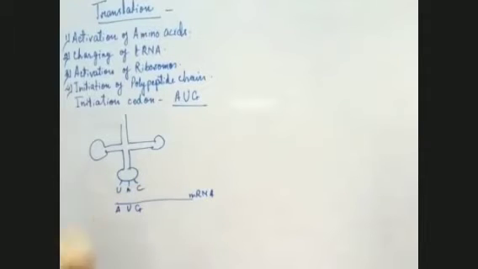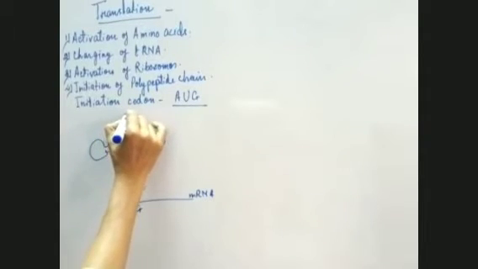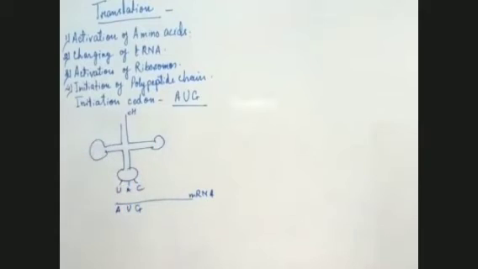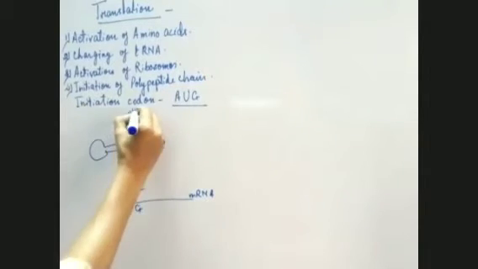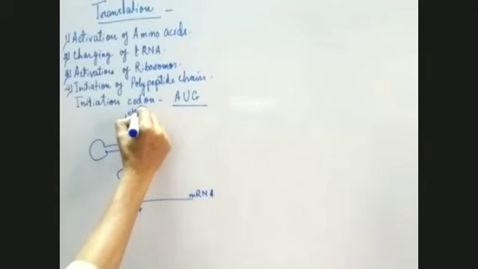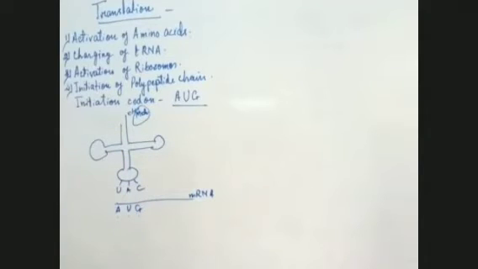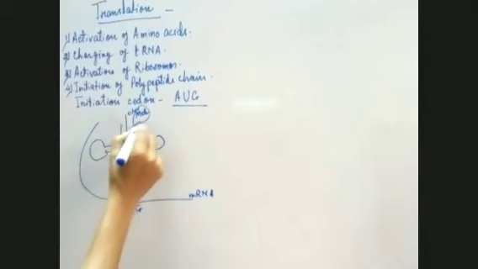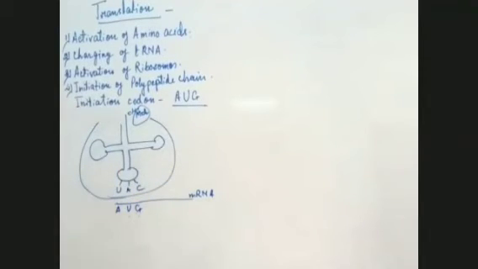UAC. And here, at the 3' end where the OH functional group is present, it will carry the amino acid which codes for AUG, and that is methionine. So it will carry methionine, and methionine will be carried by this transfer RNA. And where will it be carried? It will be carried to the larger subunit.